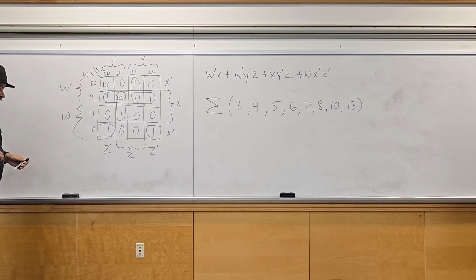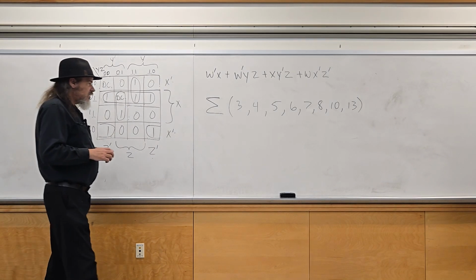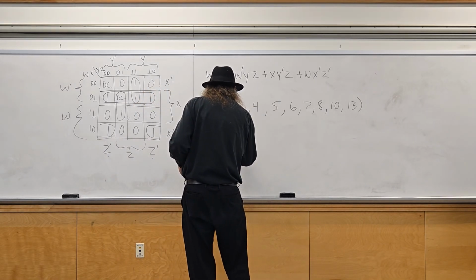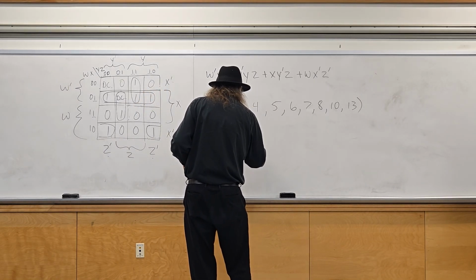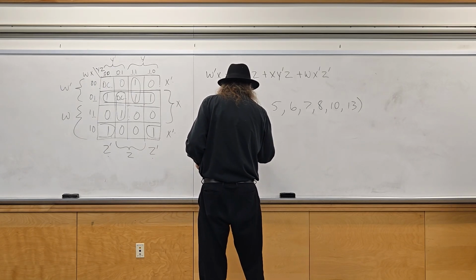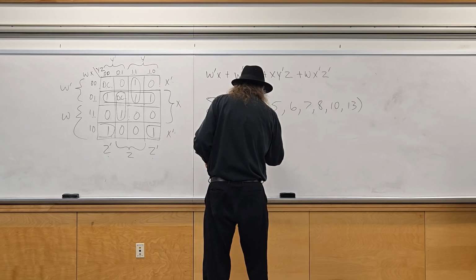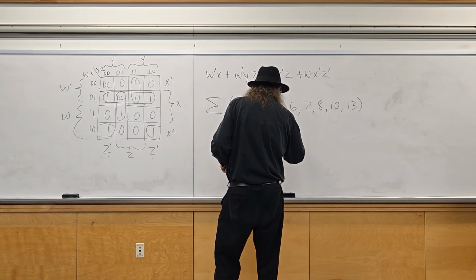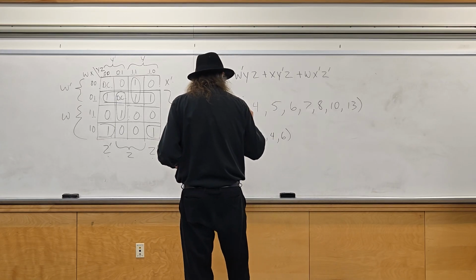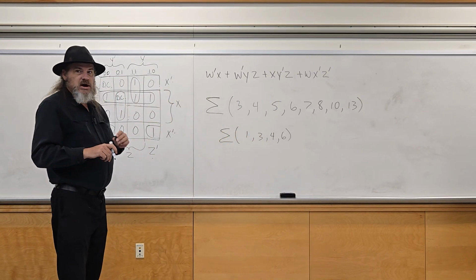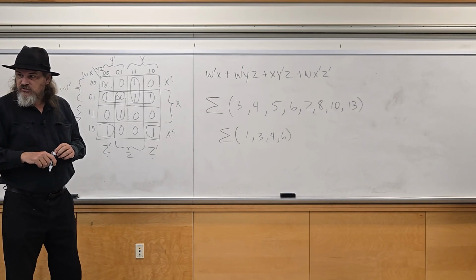So let's look at a more simple example here. Say you have 1, 3, 4, 6. And this is a 3 variable expression.